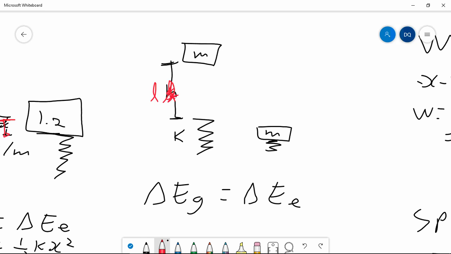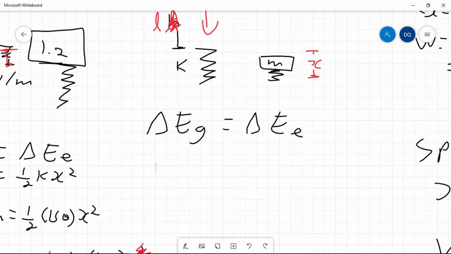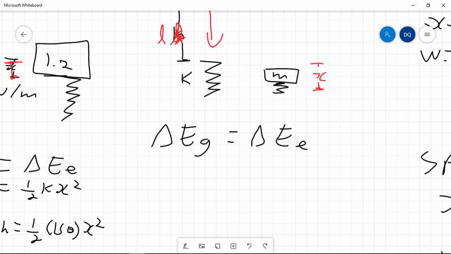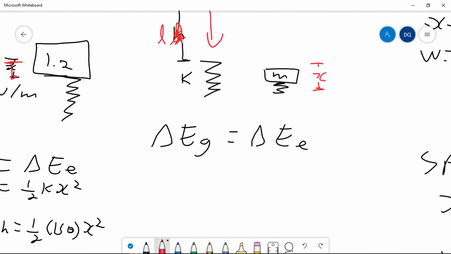And then when that mass lands on that spring, it compresses it a distance x. So what is our change in gravitational energy? Our change in gravitational energy is mgh. Our change in elastic energy is half kx squared.